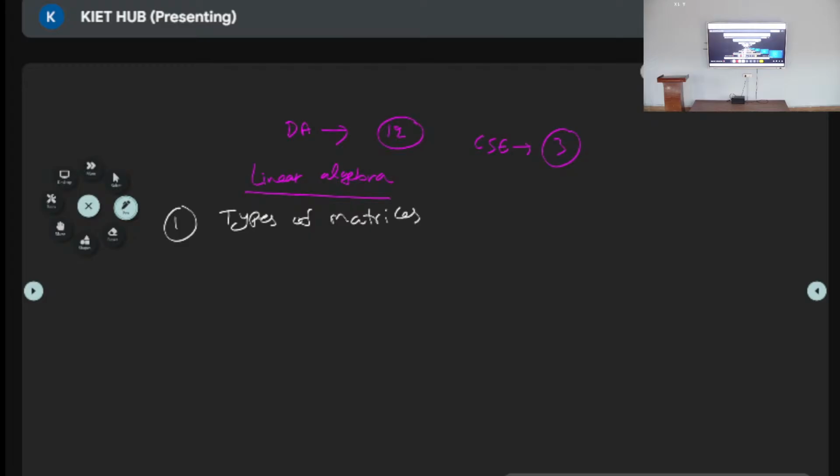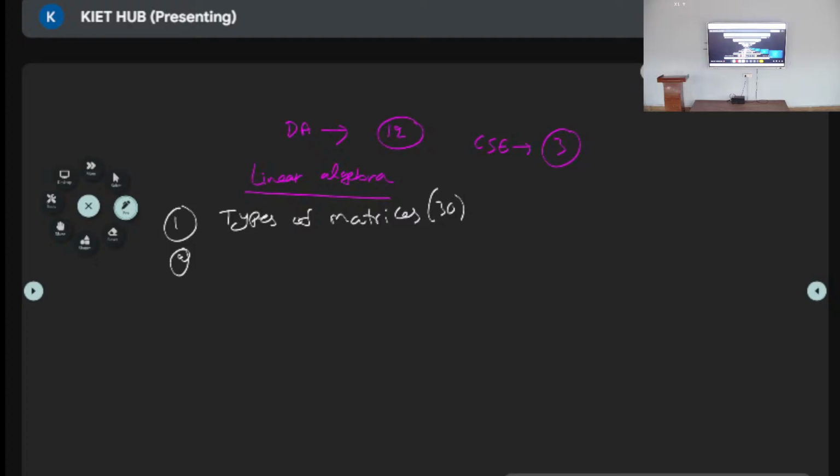First one is types of matrices. See, we have near about 30 different types of matrices. What are the types of matrices we have?